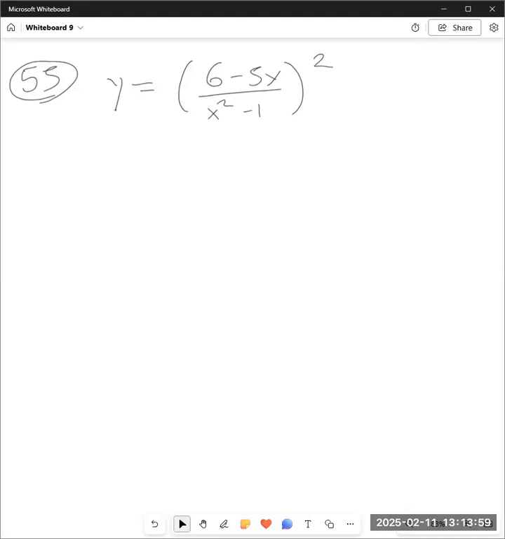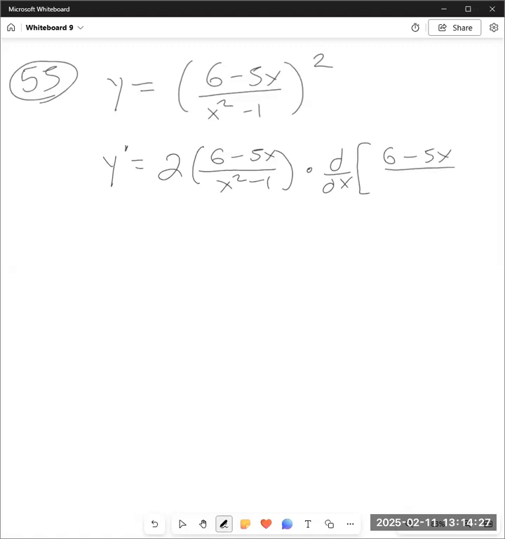So let's go ahead and figure out what my outermost function is here. y prime is going to be, I'm squaring, so I want 2 times my base, then drop my exponent by 1, times the derivative of that base, like that. So how am I going to find the derivative of that base?